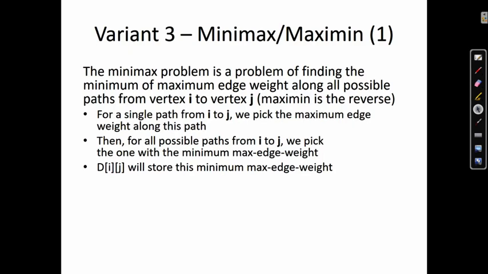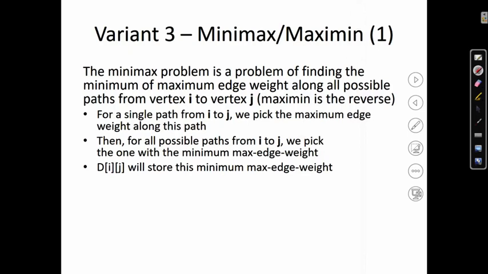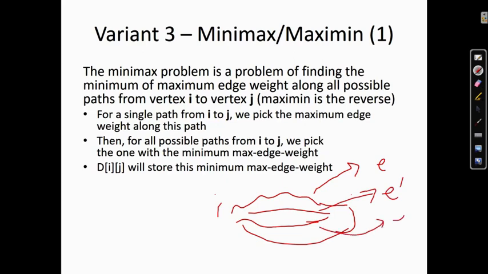What it means is this. For any i, j, for a single path from i to j, I pick the maximum edge. Let's say this edge is E. Then for all possible paths, there could be many paths between i and j, I pick all the maximum edges, maybe E, E prime, E double prime, etc. Then among all these, I simply find the minimum.